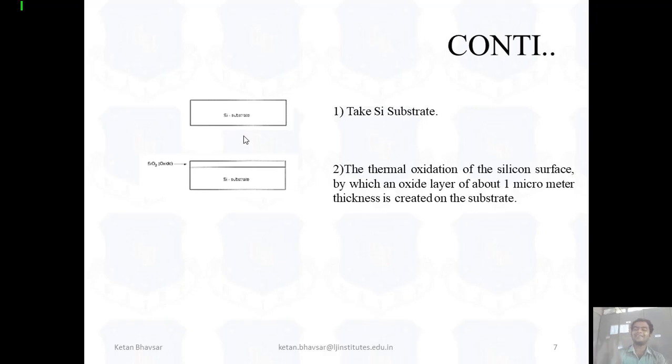So if you take the Si substrate, then a 1 micrometer thick oxide will be created on the surface. It's the SiO2 layer. After that we have to apply the photoresist material.